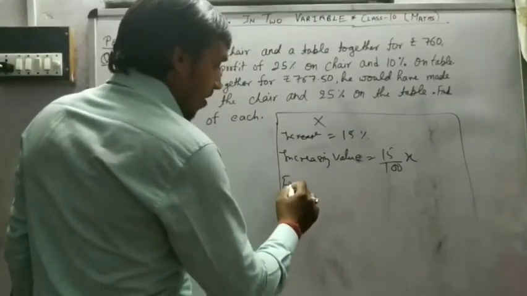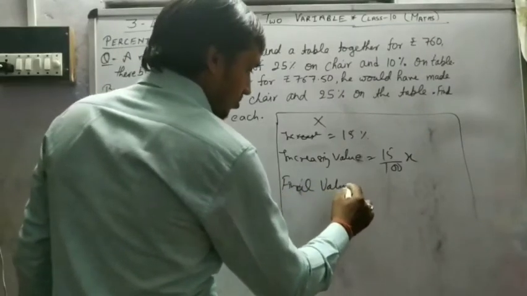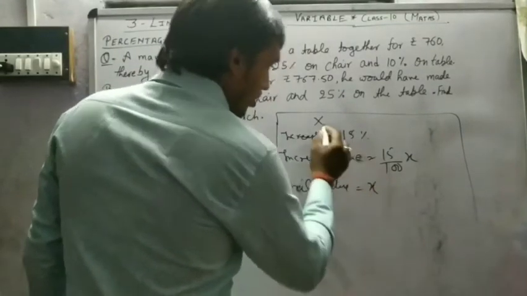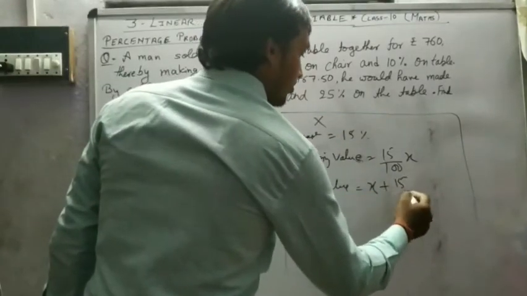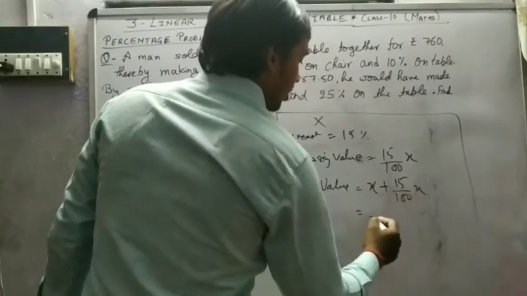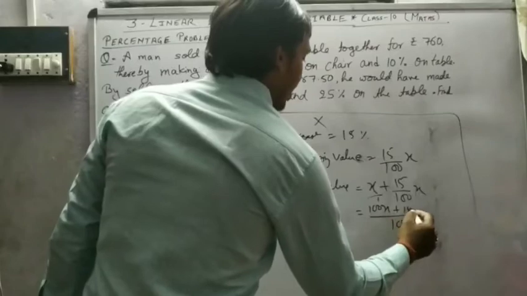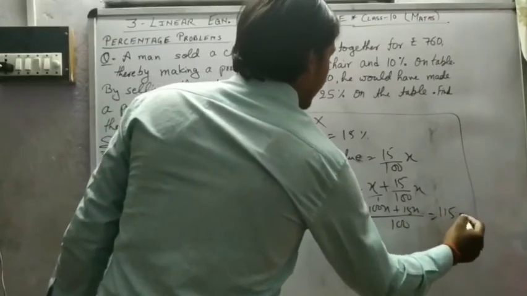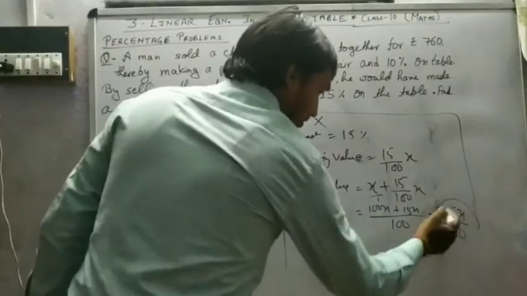So the final value is x, the initial, plus the increased value. Taking LCM, 100x plus 15x, 115x upon 100. That is the final value.